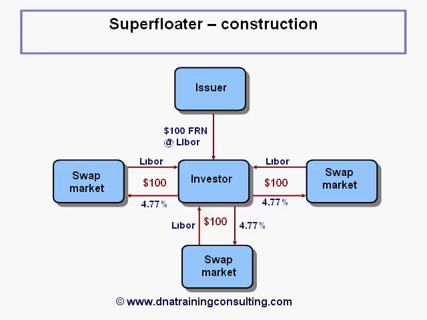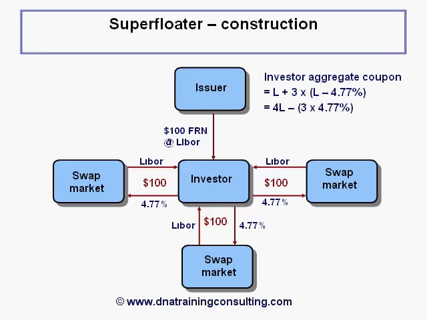The diagram that just appeared shows the original FRN bought by the investor, as well as the cash flows under the 3 swaps, aggregating in total coupon terms to, let's see, L plus 3 times the net settlement under the swap, which is 4L minus 3 times the fixed leg of the swap, equals 4L minus 14.31.